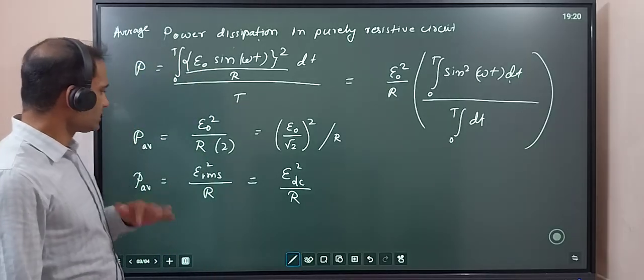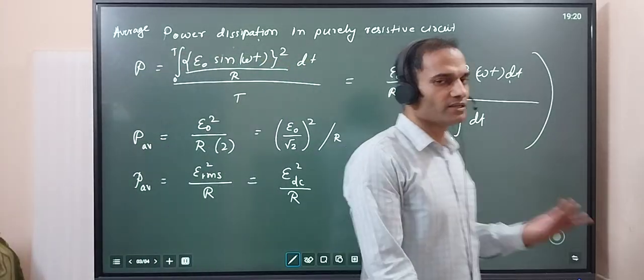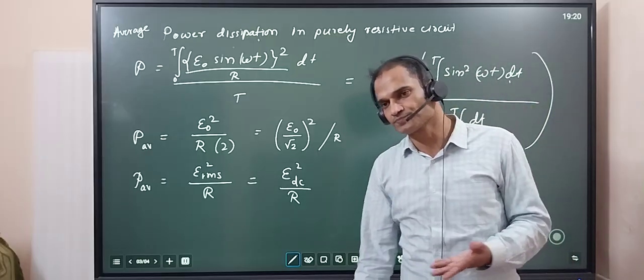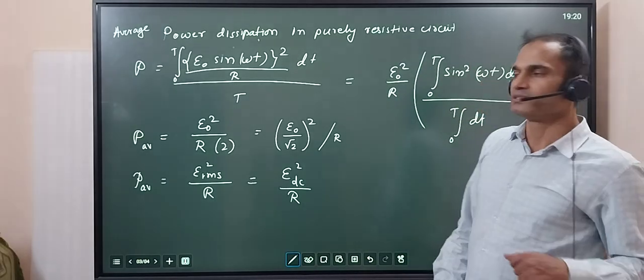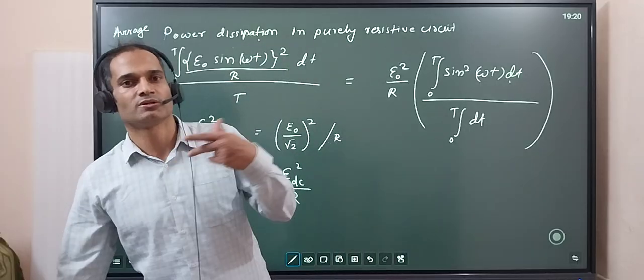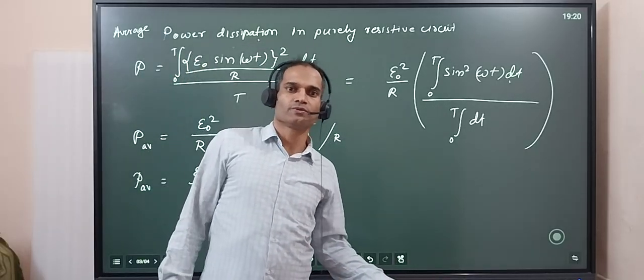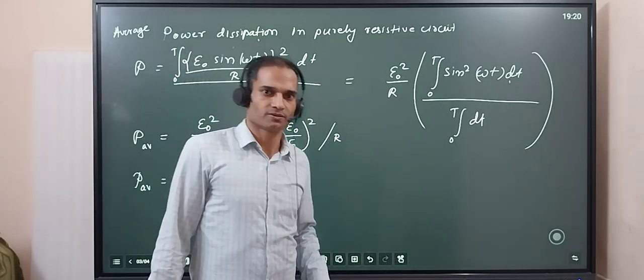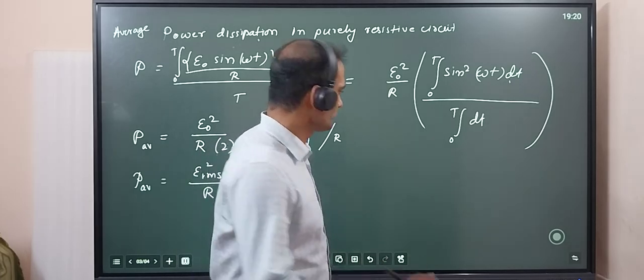Okay, so that is what we have. So basically it is the effective value of the EMF. Similarly, I RMS is the effective value of the AC current, in a purely resistive circuit.